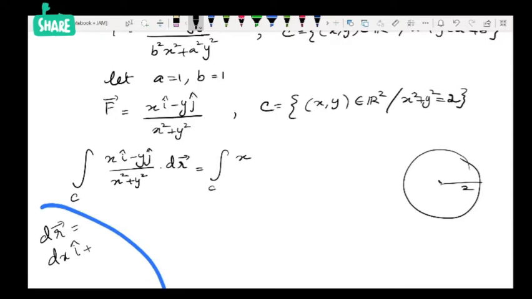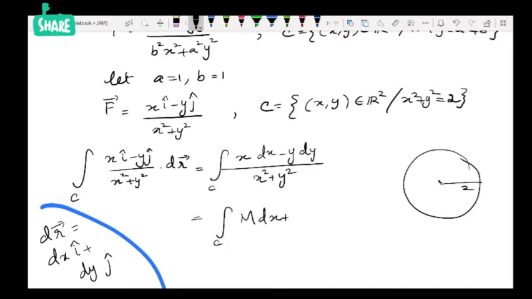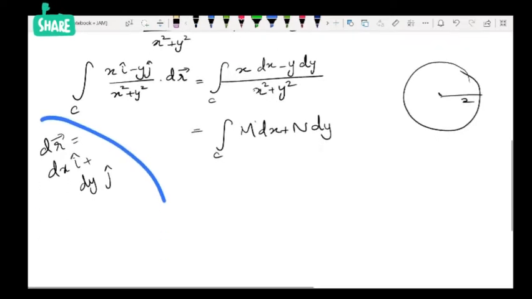So multiplying two vectors, we will multiply the corresponding terms. So x dx minus y dy by x square plus y square. I'm gonna write it in the form integral over c of m dx plus n dy, where m is this part and n is this one. So let's write it clearly. M is x by x square plus y square, and n is minus y by x square plus y square.